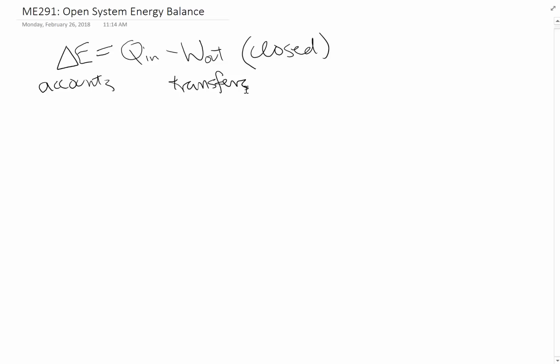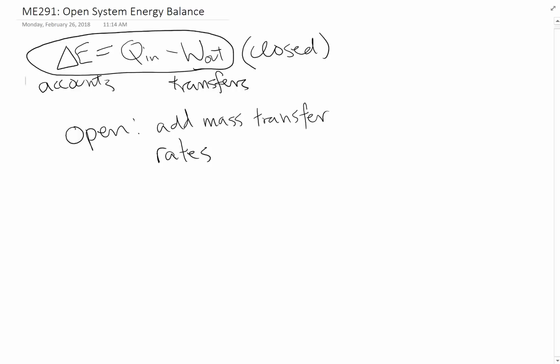When we deal with open systems, it's a little different because instead of being limited to heat transfer and work, we're also going to have mass transfer. So when we have open systems, we need to add in mass transfer. Also remember that whereas in closed systems we dealt with amounts, in open systems we need to deal with rates. So instead of the change in energy inside the system, we have the rate at which the energy inside the system changes, E dot CV.